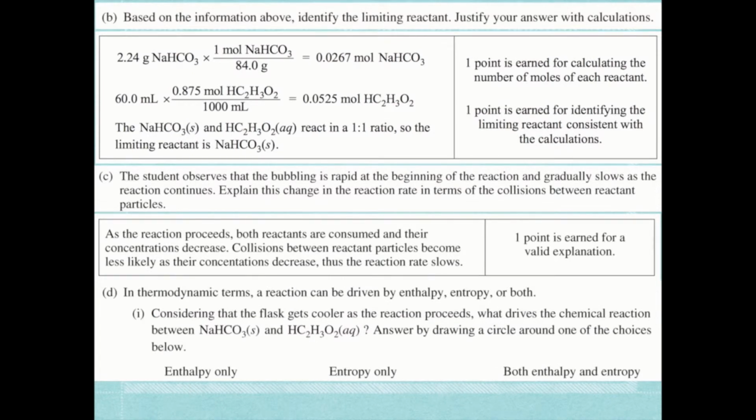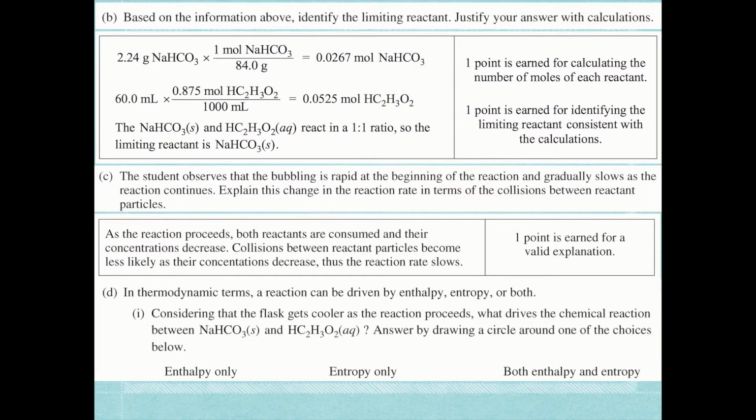Okay? In thermodynamic terms, a reaction can be driven by either enthalpy, entropy, or both. Considering that the flask gets cooler, so remember it's endothermic, what drives a chemical reaction between these? Answer by drawing a circle. So we're wanting to use the formula delta G equals delta H minus T delta S for this problem.